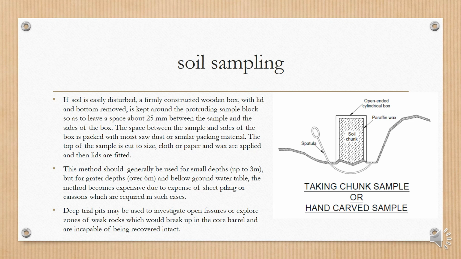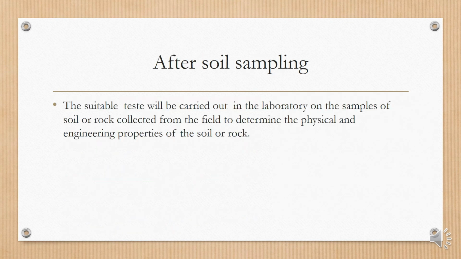Deep trial pits may be used to investigate open fissures or explore zones of weak rocks which would break up in the core barrel and are incapable of being recovered intact. After soil sampling, the suitable test will be carried out in the laboratory on the samples of soils or rock collected from the field to determine the physical and engineering properties of the soil or rock.